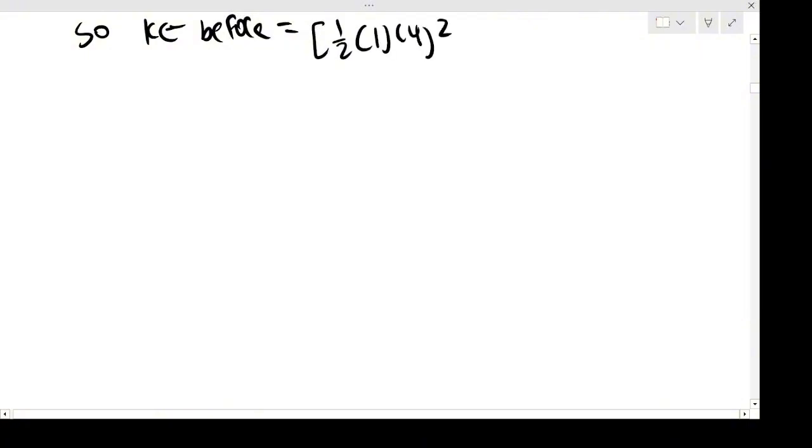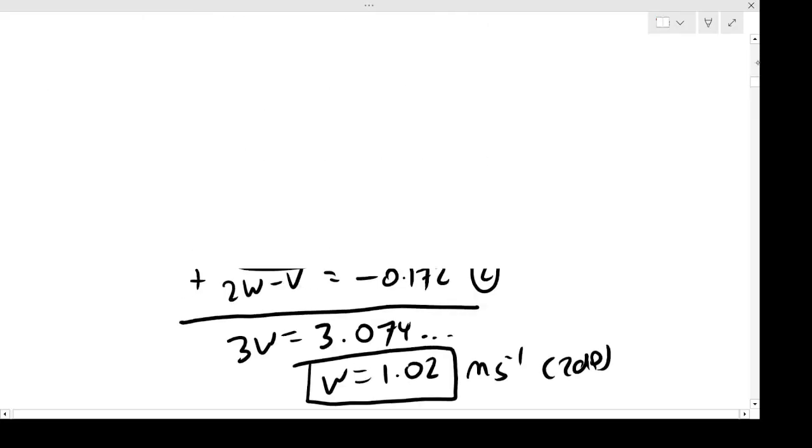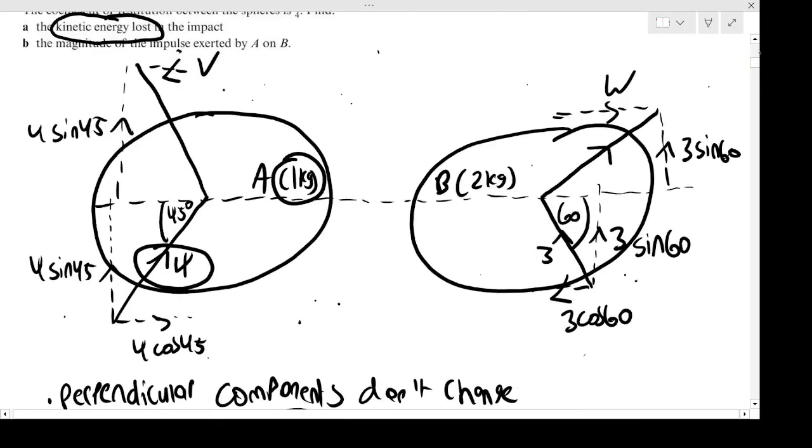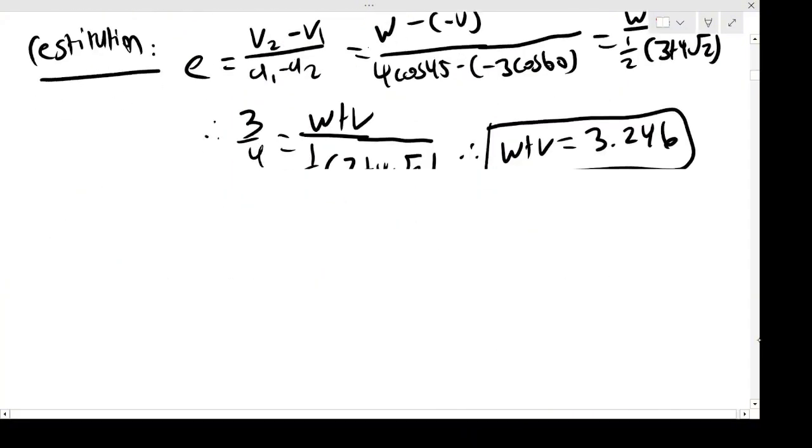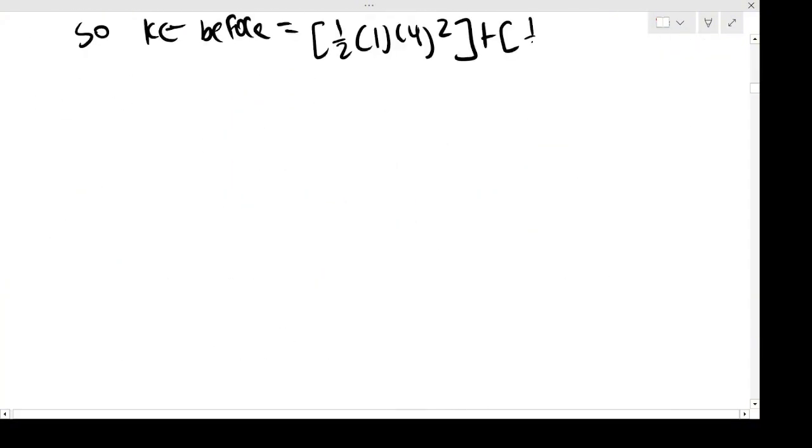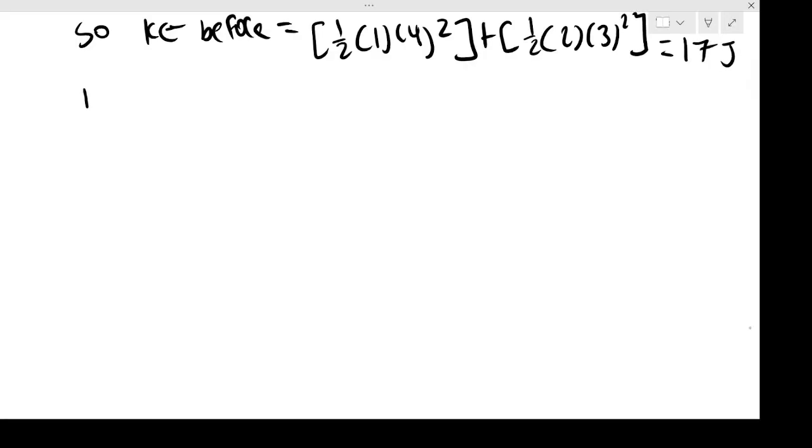Hopefully that makes sense. Then I can do the same for B. So the speed before is 3, and the mass is 2. So it's going to be half times 2 times 3 squared for B initially. And so if you work that out, you should get 17 joules. And there we are.